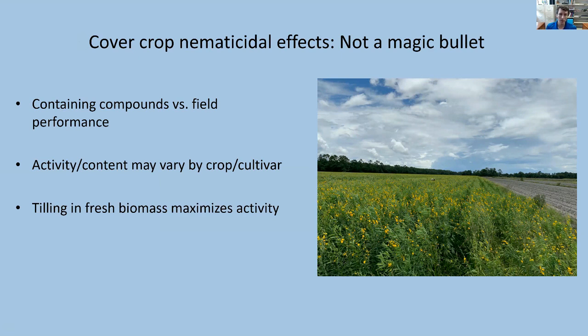You're going to get the most activity if a cover crop does have nematicidal compounds in it, if you're able to till in the fresh biomass and incorporate those potentially nematicidal compounds into the soil. Whereas if you're growing it until it's dry, you're not as likely to get as much impact. And of course, what really matters in the end is how well the cover crop manages the nematodes, regardless of what the mechanism is.